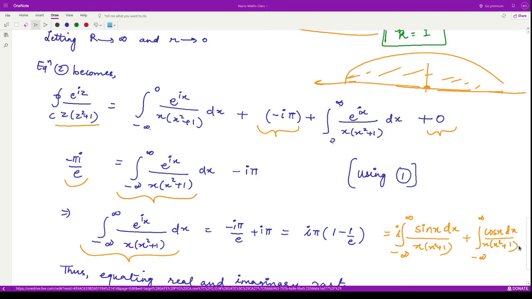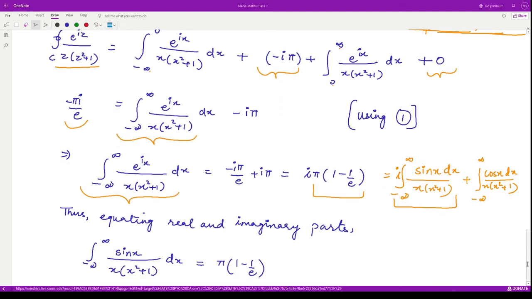Now, you can equate the real and imaginary parts. So this particular thing would be equal to this integral. That is what we intended to calculate in this particular question. So the value of this particular integral comes out to be pi into 1 minus e to the power minus 1. So that is our answer.